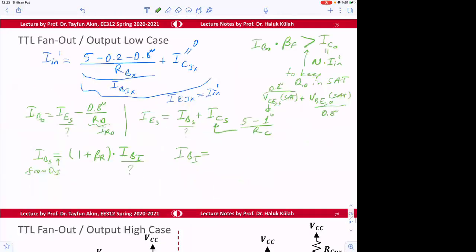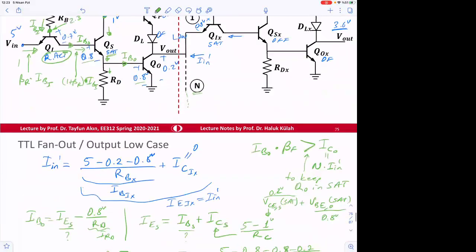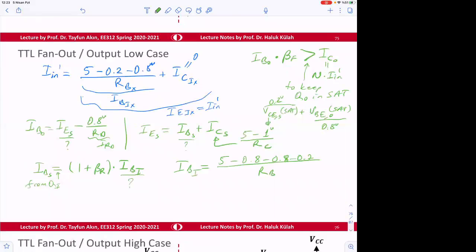So IBI is equal to 5 minus 0.8 minus 0.8 minus 0.7 divided by RB. So it will be 2.7 divided by RB.